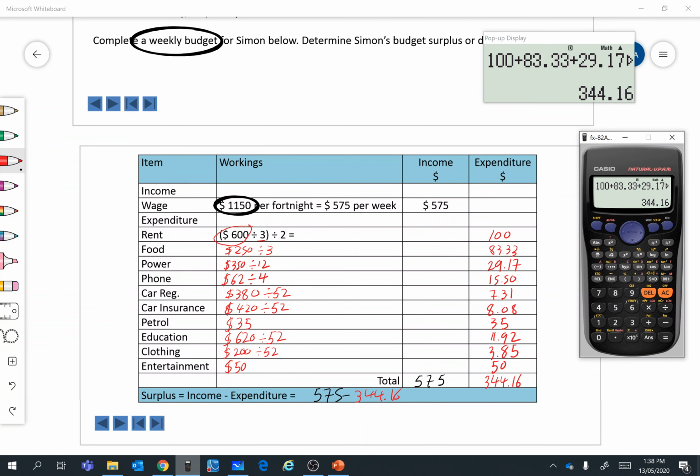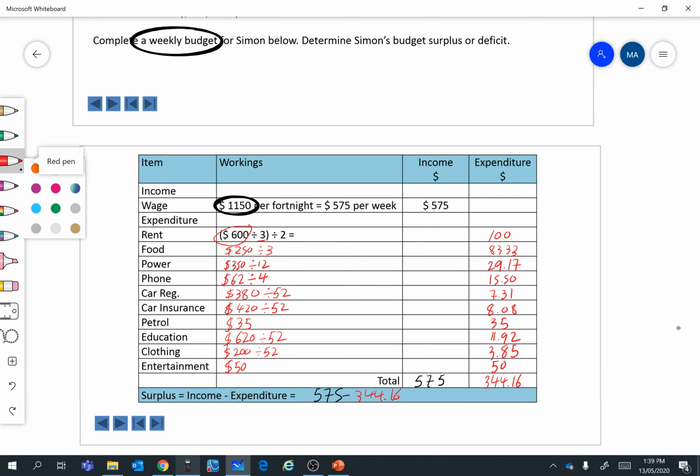Well done, Simon. 575 take 344.16 means that he has a surplus of $230.84. So Simon can do what he wants with that, and I would suggest to save it up.